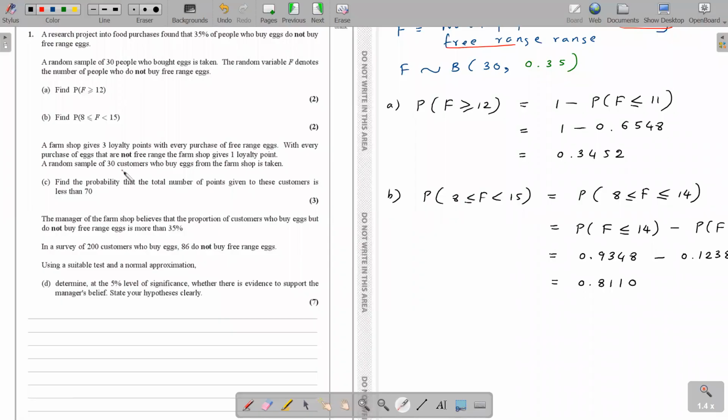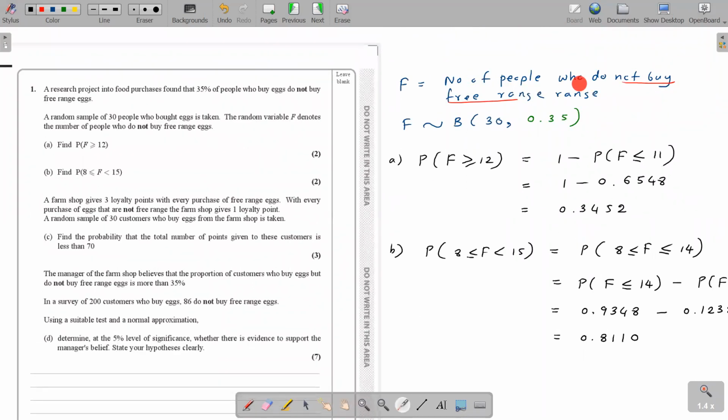Now in the question we defined the number of people who do not buy free range eggs as capital F. So how many people are there who do buy free range eggs?